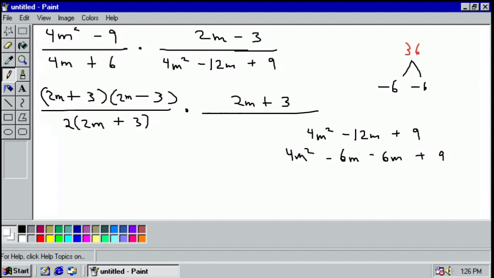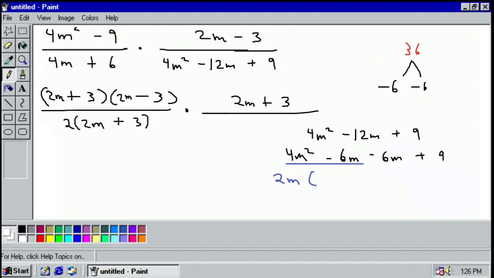Now we can factor by grouping. Let's factor these. Our GCF here is 2m, since both of them have a variable. We have 4m squared divided by 2m.